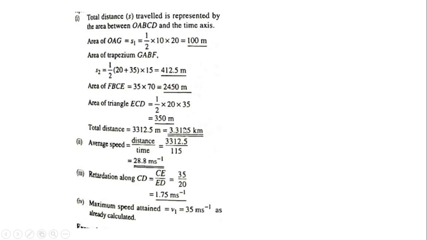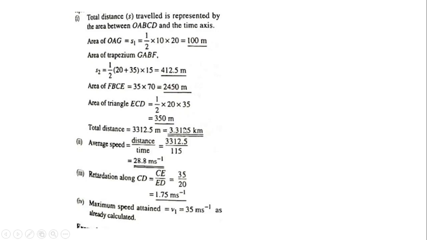Okay, so now how do we get the total distance? The total distance is the area under the graph, which is this plus this plus this plus this.